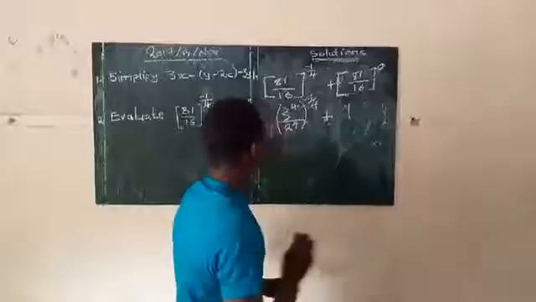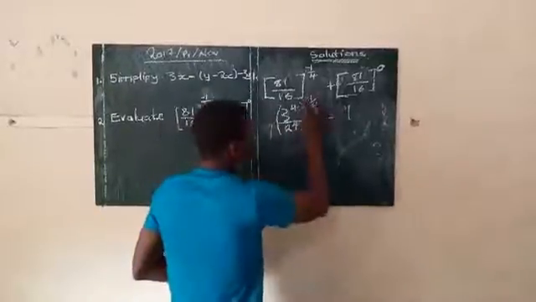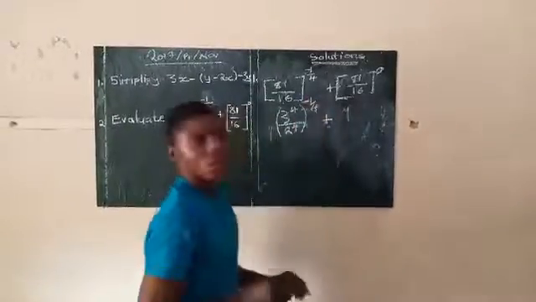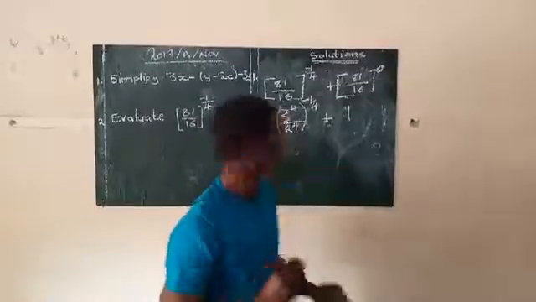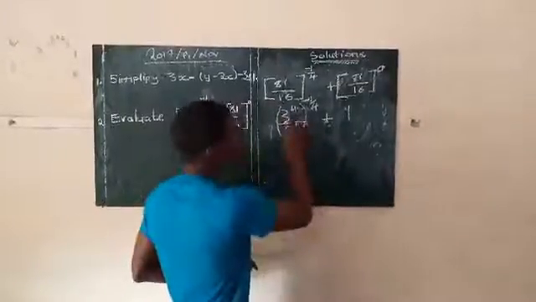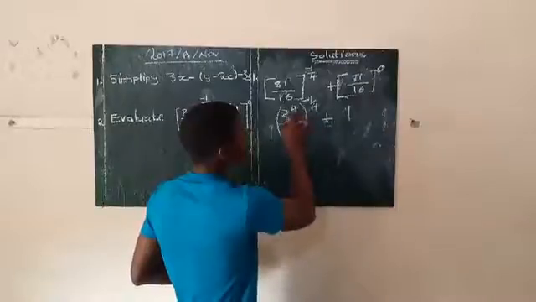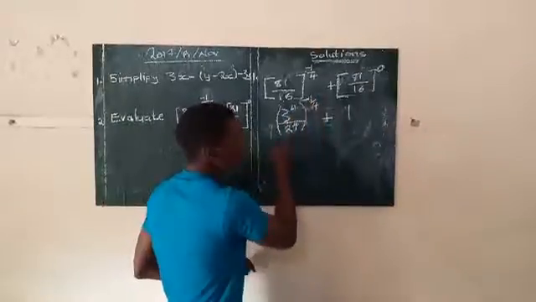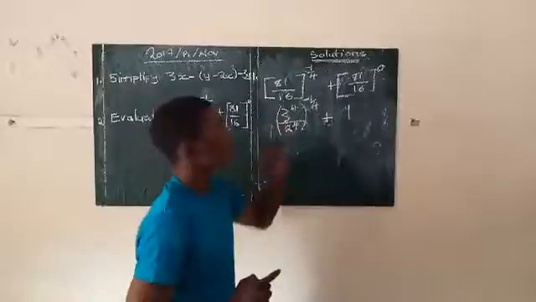See? Then, according to the laws of indices, we can multiply the powers. When we expand this, this would multiply with this same power, and the base will also multiply with the power.